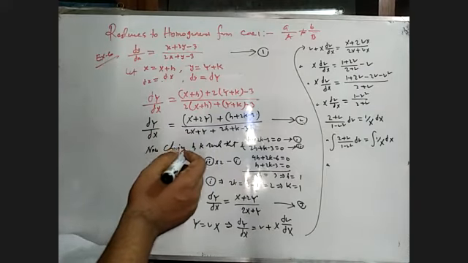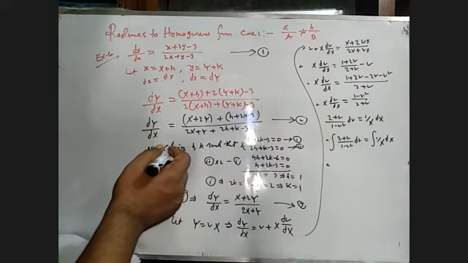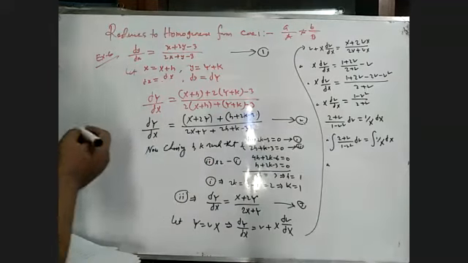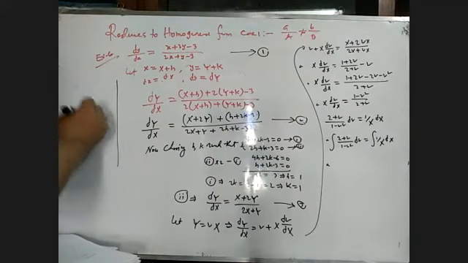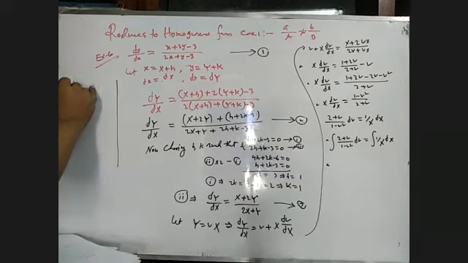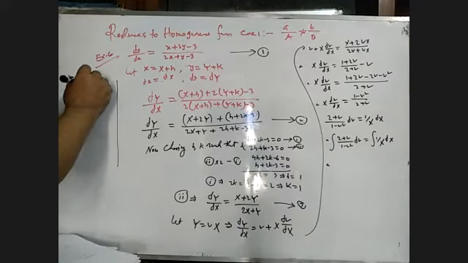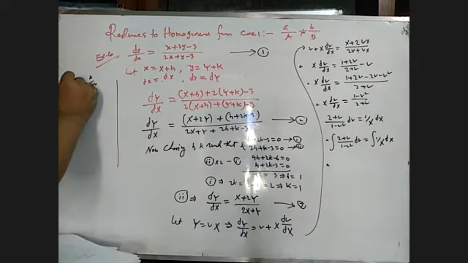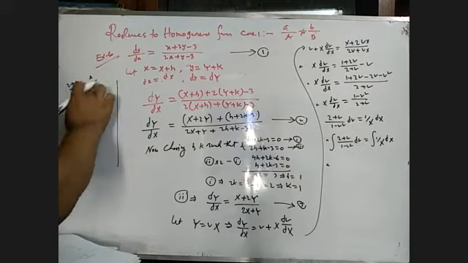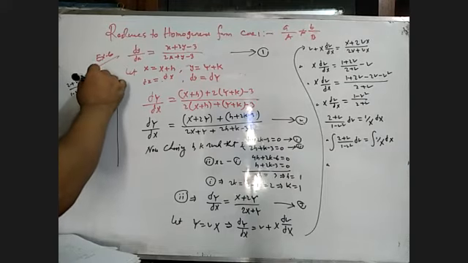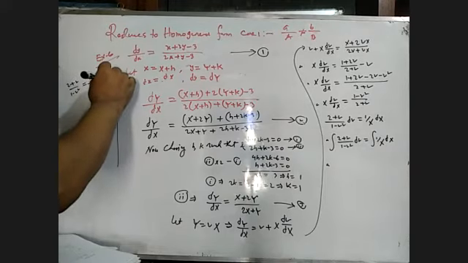Now by using partial fractions, suppose (2 plus v) divided by (1 minus v squared) equals A divided by (1 plus v) plus B divided by (1 minus v).